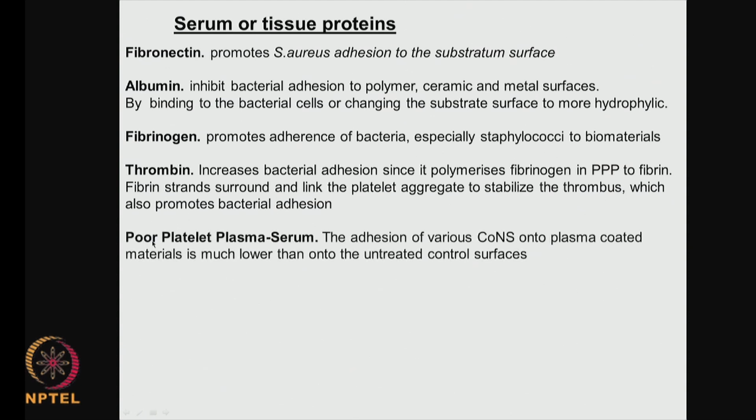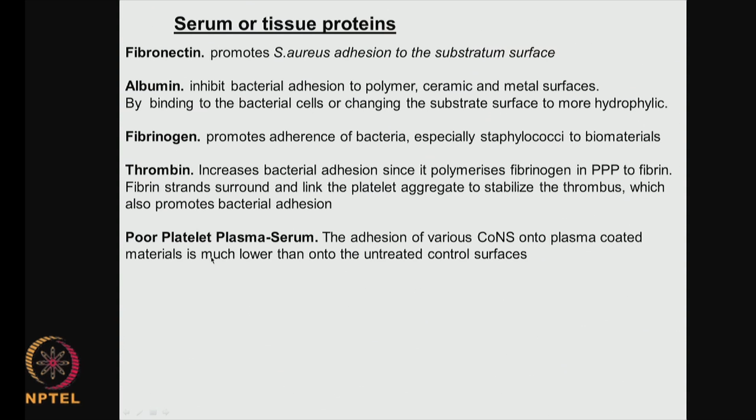Then we have PPP, platelet-poor plasma serum: the adhesion of various coagulase-negative staphylococci onto plasma-coated material is much lower than onto the untreated control surfaces. So, generally many of these serum proteins, except albumin, increase bacterial adhesion, like fibronectin, fibrinogen, thrombin.